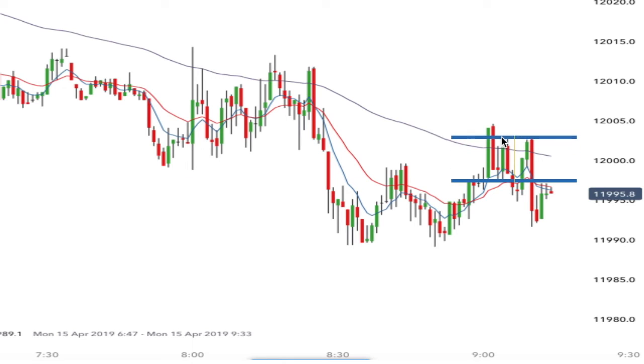We've got the protective stop above this candlestick here, and the market came up, almost took the stop out, and then came down and took the target out to almost exactly the price that was required.